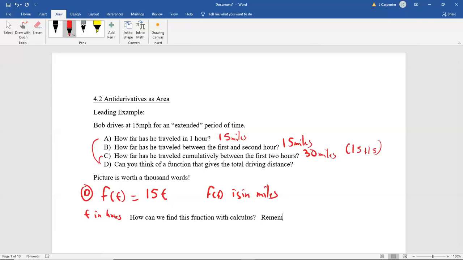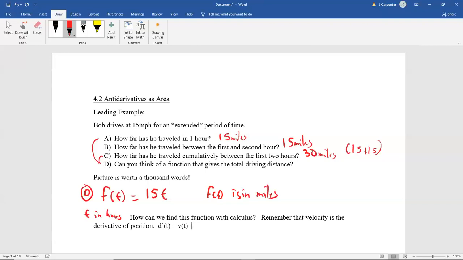Well, remember that velocity is the derivative of position. D prime of t is equal to v of t.